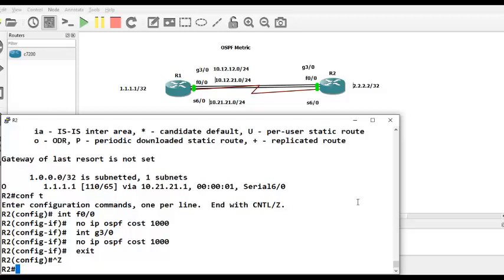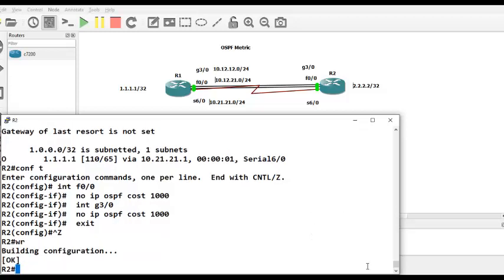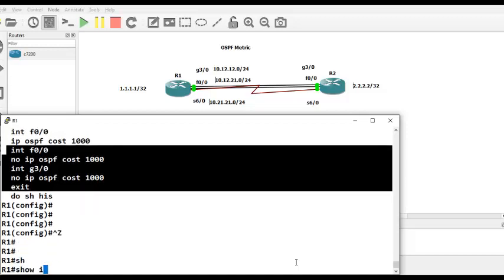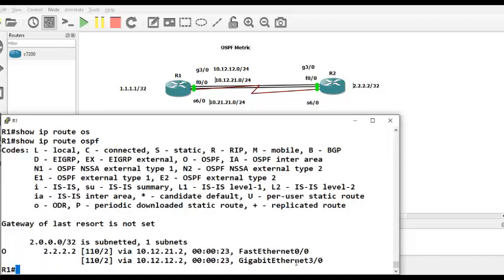Now show IP route Ospf. You see, we got the routes back. And we got two routes. But these two are seen equal, which is not good.